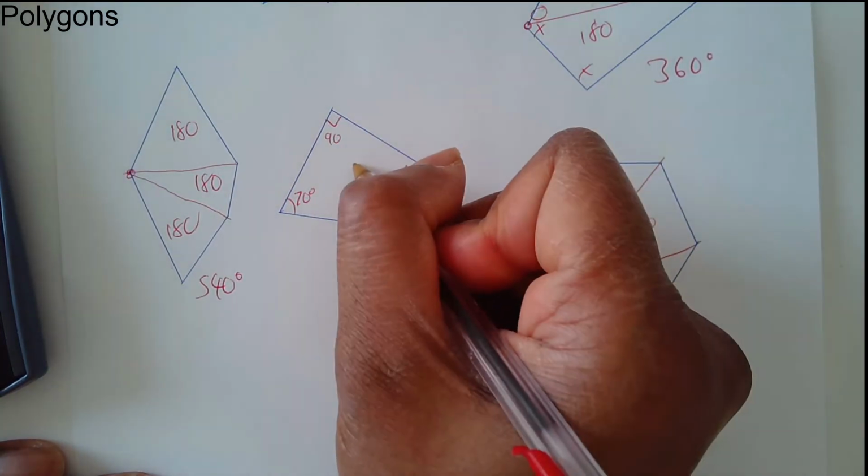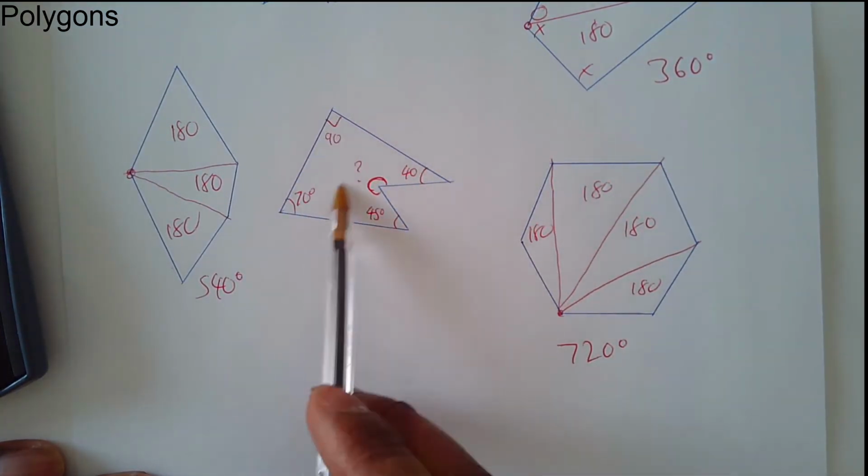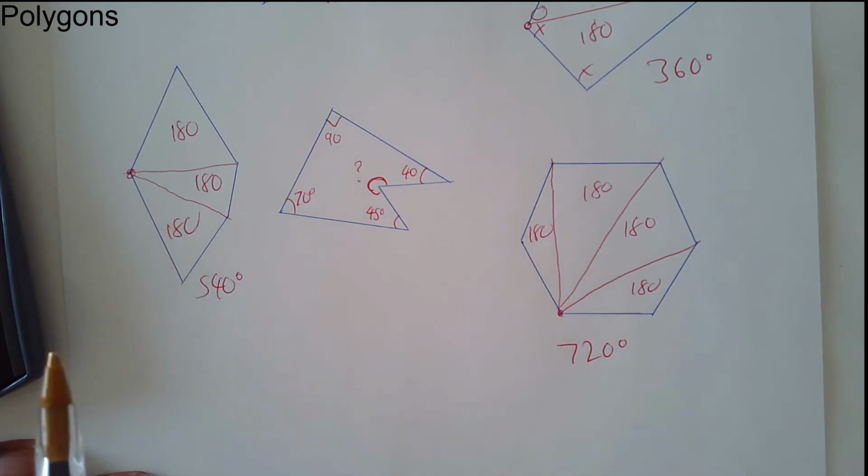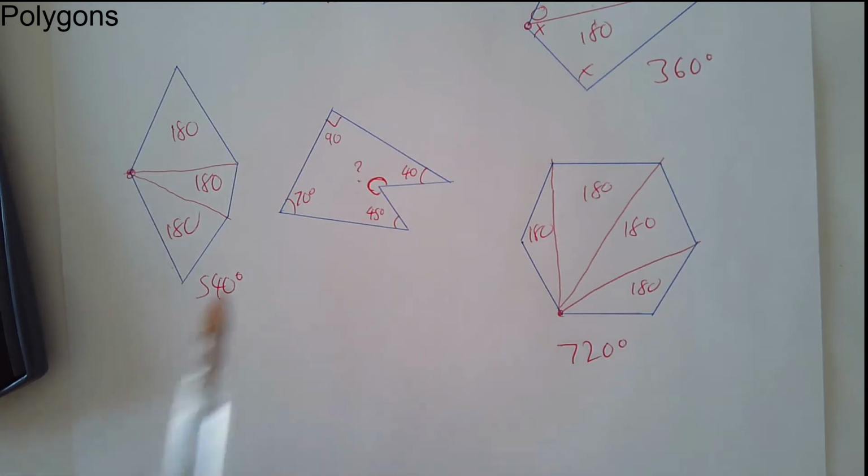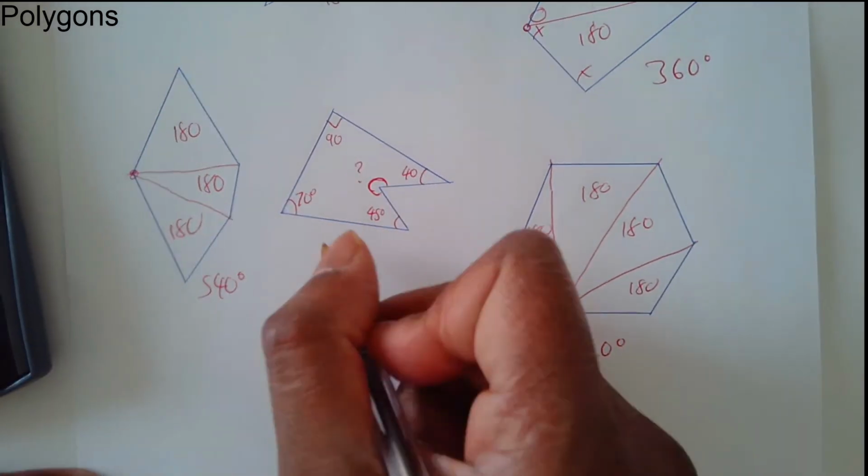So what's this missing angle here? Well, it's a five-sided shape, and you know in a five-sided shape, angles add to 540. So you need to add these existing angles. So add these up. So I'll show the working out.